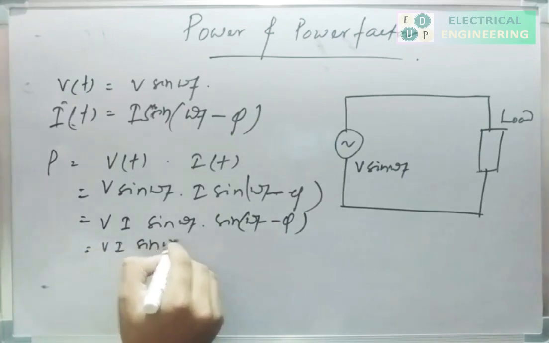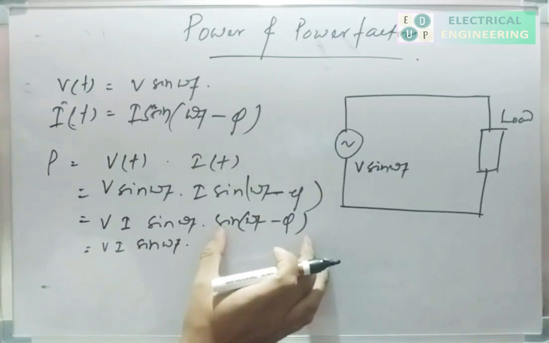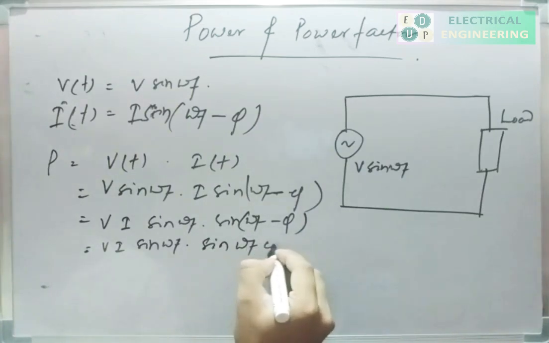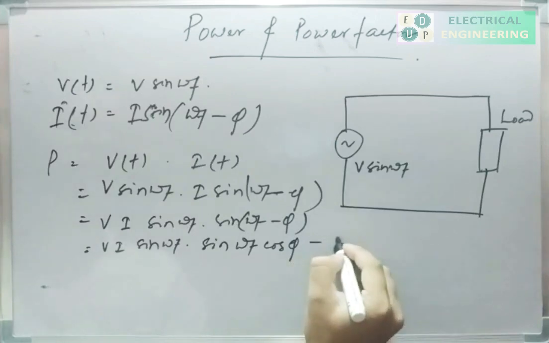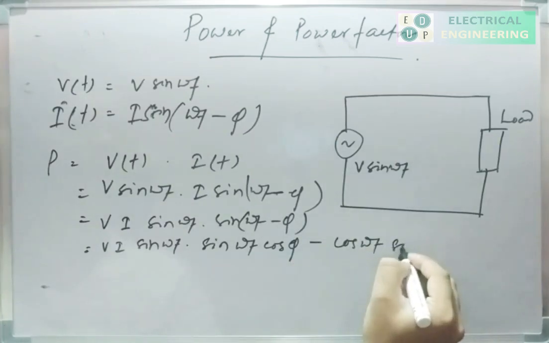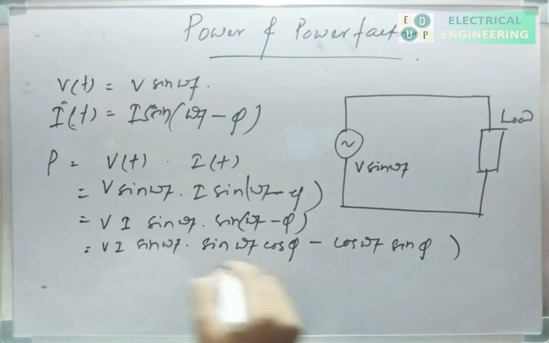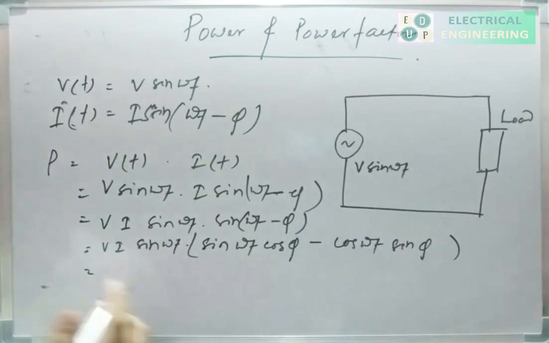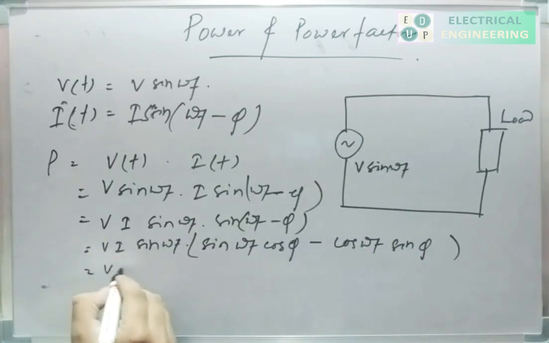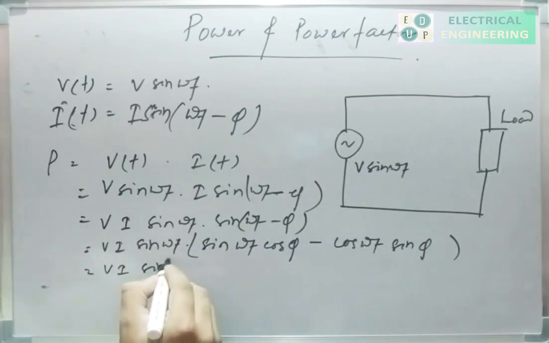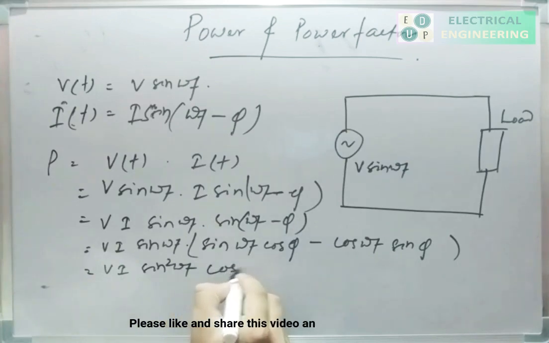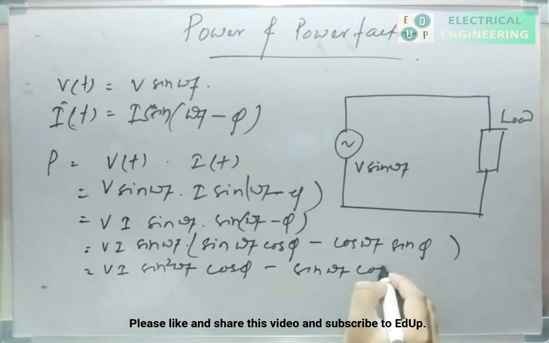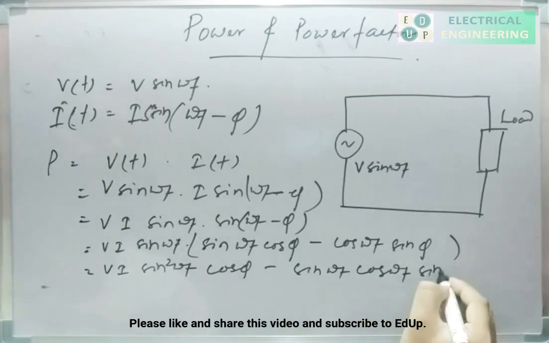If we expand it using the trigonometric formula, it will be sin omega t cos phi minus cos omega t sin phi. Now multiply sin omega t with this expression, and it will be sin square omega t cos phi minus sin omega t cos omega t sin phi.